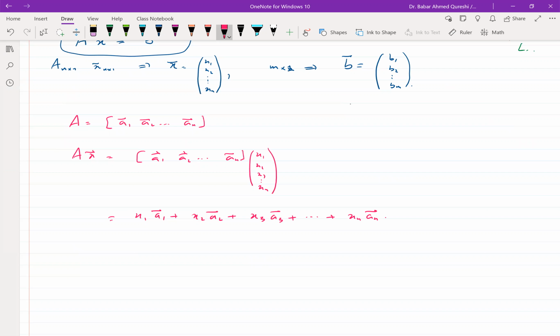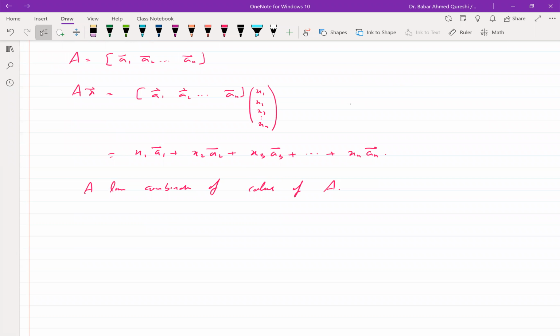This is just a linear combination of columns of A. And we want to put it equal to some B. I don't need to write it in components, some B. So that means B is a linear combination of columns of A.